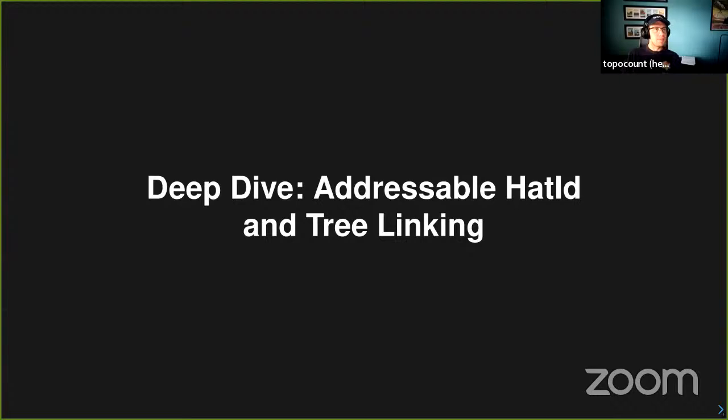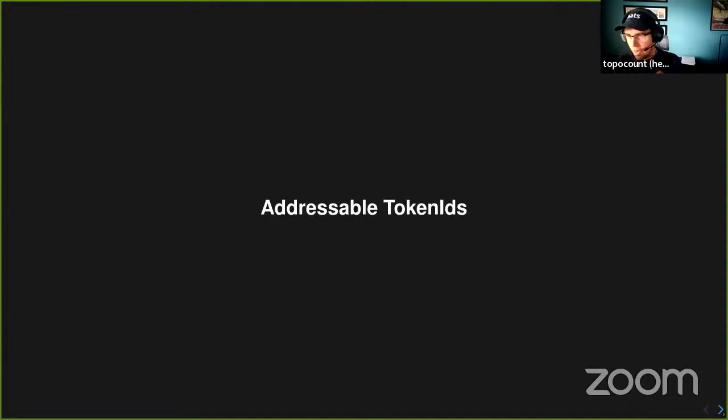Cool. So, as Spencer said, we needed to come up with a way to build a hierarchy for hats. And we're going to dive into exactly how this hierarchy works. We call them hats trees, as most of you know. The concept that we created was addressable token IDs, and we're going to dive into this in a few different ways so it becomes easier to grok.